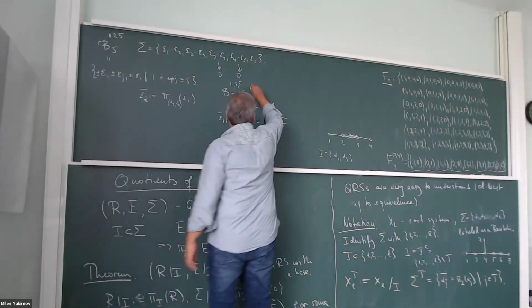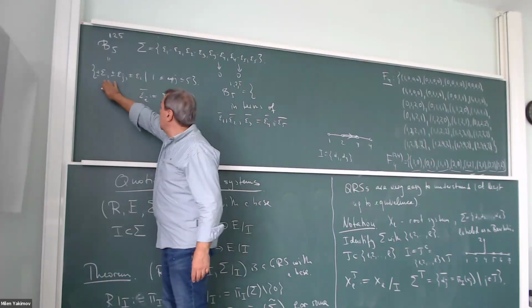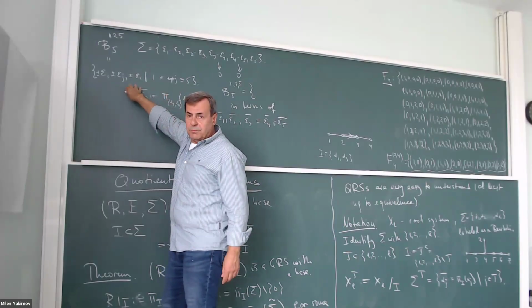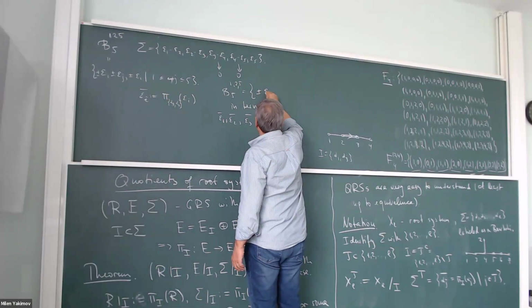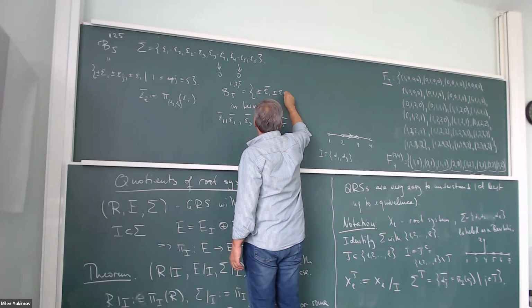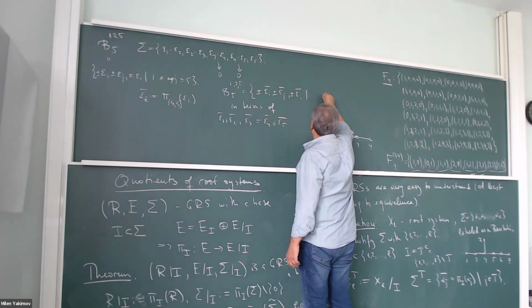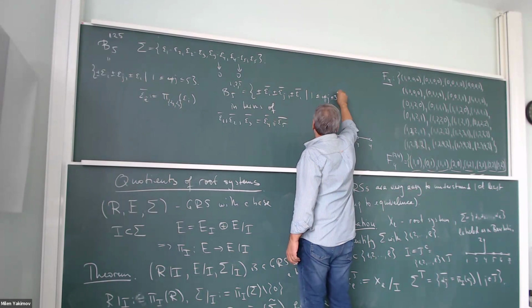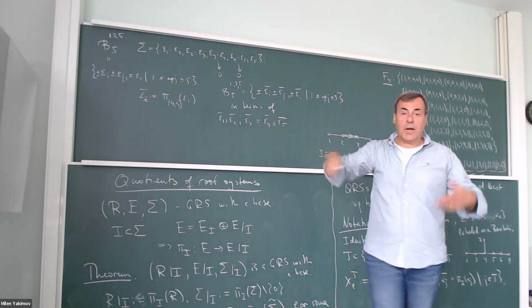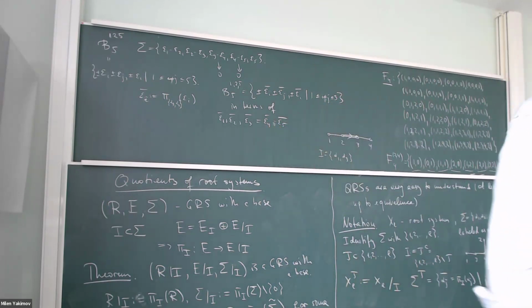And this would contain all the expressions of this form: plus minus epsilon i bar, plus minus epsilon j bar, plus minus epsilon i bar for i, j between 1 and 3. I don't need to write 4 and 5 anymore.